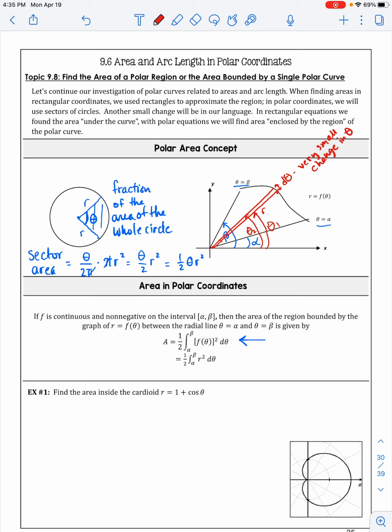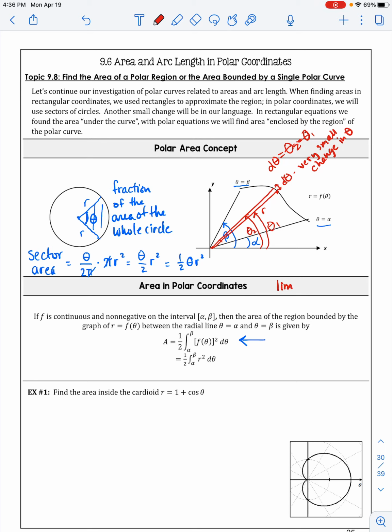If this was my theta 1 and this was my theta 2, then my d theta would be my theta 2 minus my theta 1. It's like you're doing a sliver of this. And then we're just going to add those up.